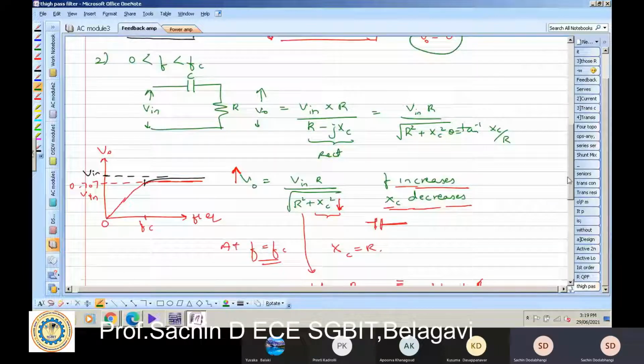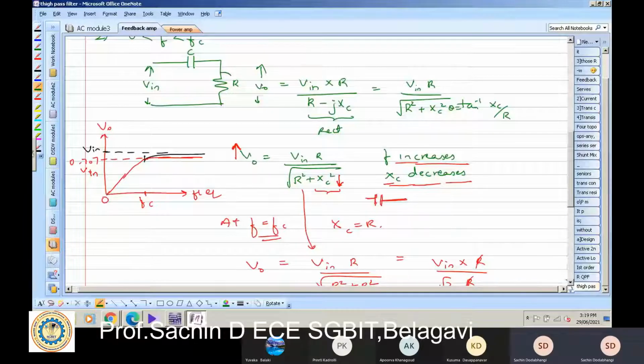Now the second case, if it is more than 0 but less than cutoff frequency, apply the voltage divider rule. So I applied the voltage divider rule here. From this formula, if I go on increasing the frequency, Xc decreases. If Xc decreases, since it is in the denominator, the output voltage increases. So here we can see that output voltage goes on increasing up to Fc.